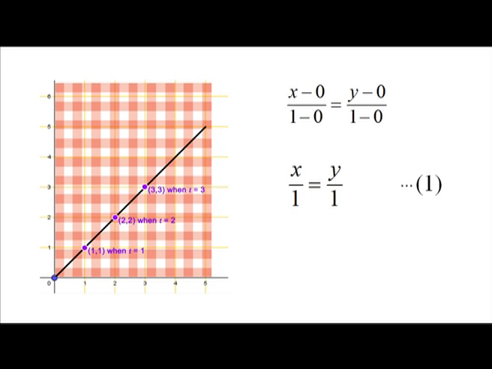Hence, the equation of the line joining (0, 0) and (1, 1) is y is equal to x. Hence, the path on which the ant moves on the tablecloth can be expressed by the Cartesian formula that expresses y directly in terms of x.